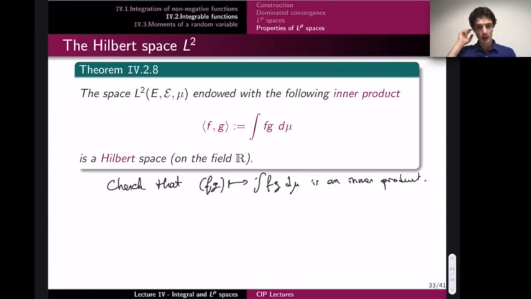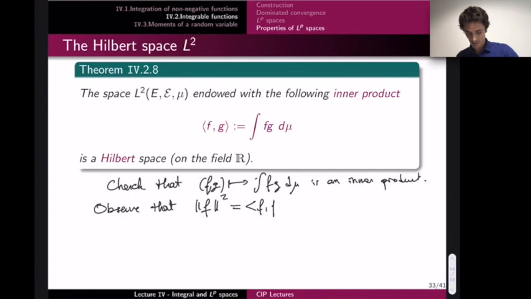But once you've admitted this fact, it's not difficult to see that we have a Hilbert space, because observe that if this is an inner product, the norm associated to it is the norm of f squared equals f against f, which is the integral of f squared d mu.